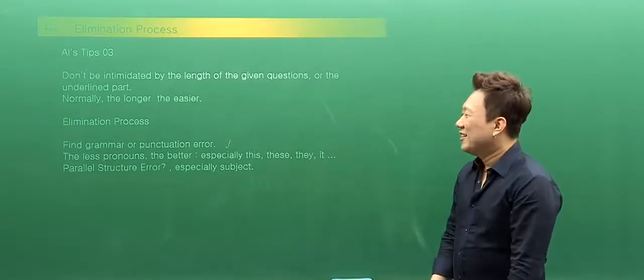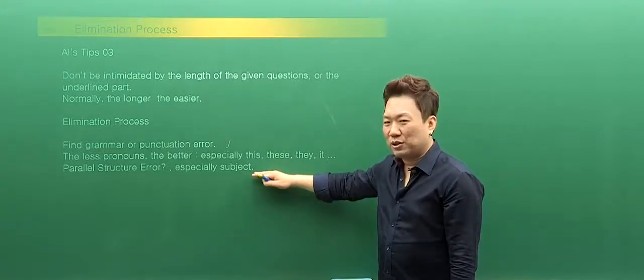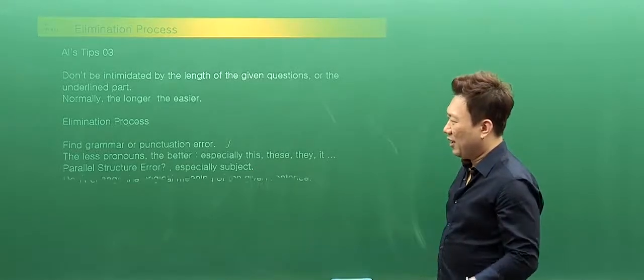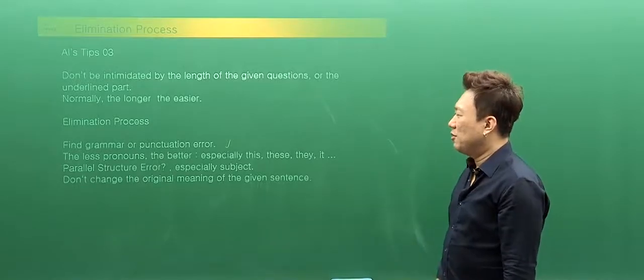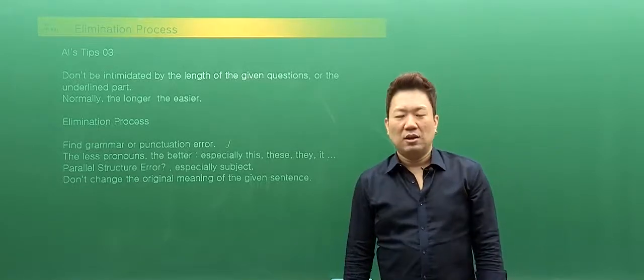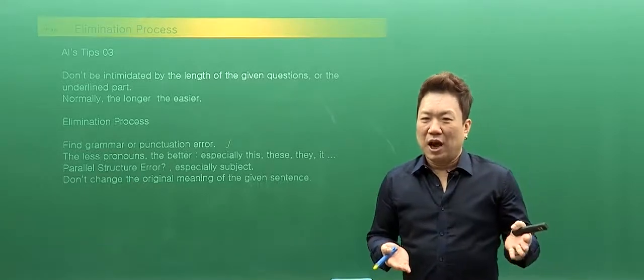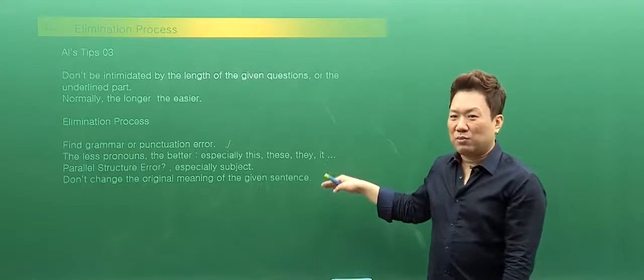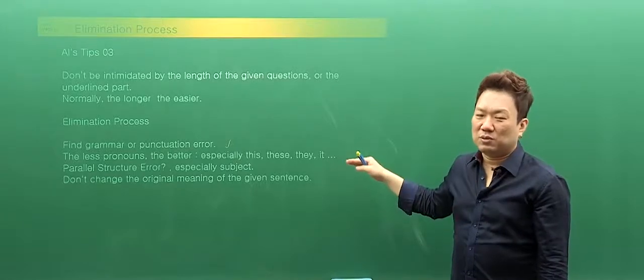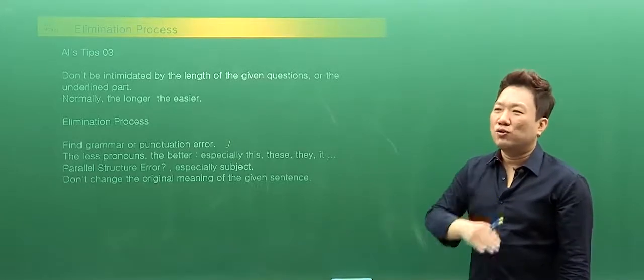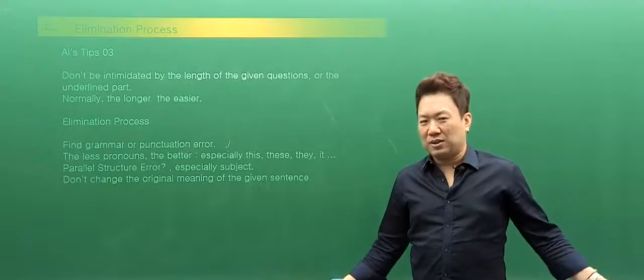So, parallel structure. We're going to go over this one sooner or later. And don't change the original meaning of the given sentence. A lot of answer choices are very attractive. However, they just change the meaning, okay? This is a content-based question, and always what? Don't change the original meaning of the sentence.